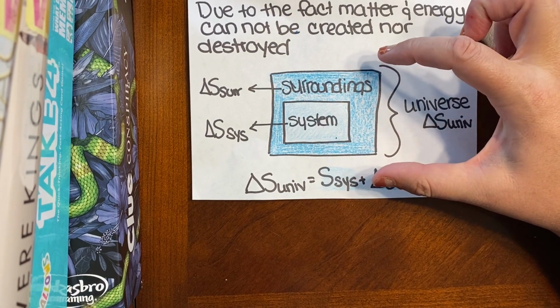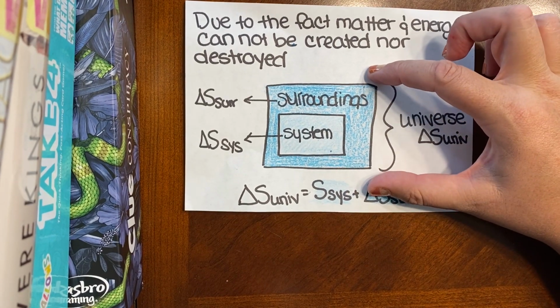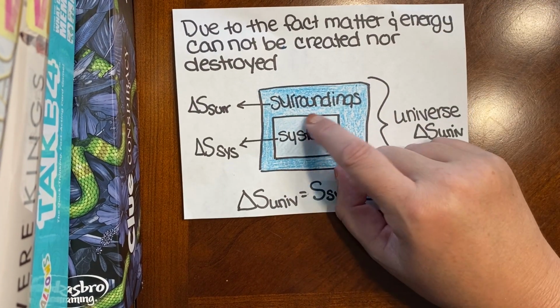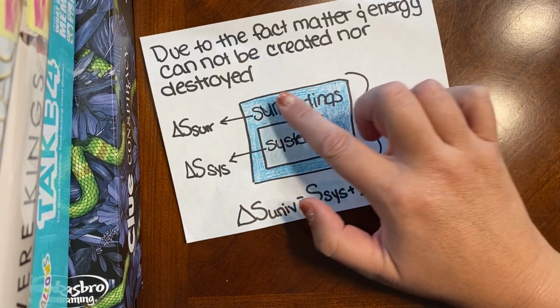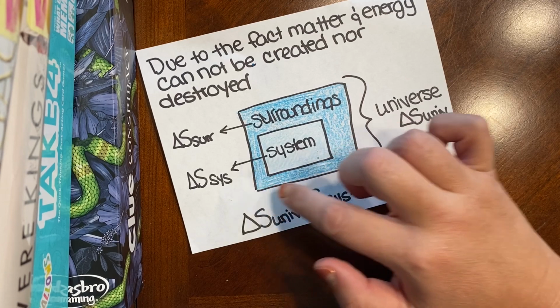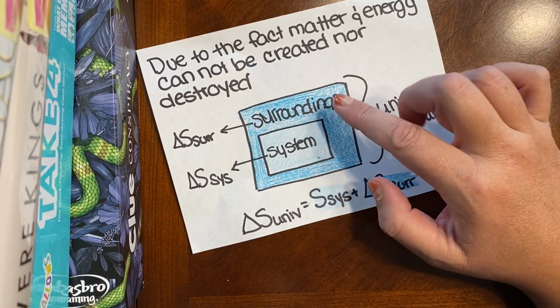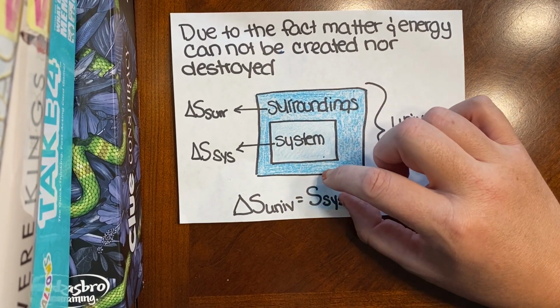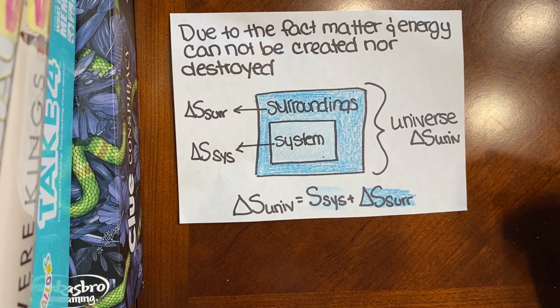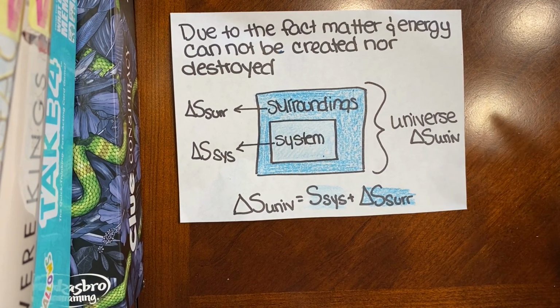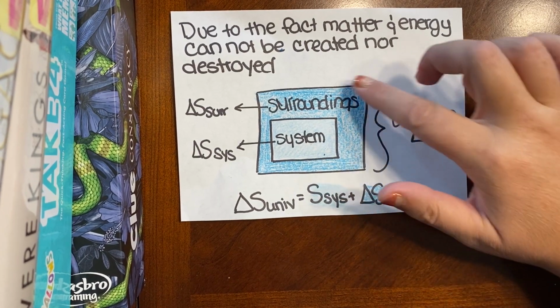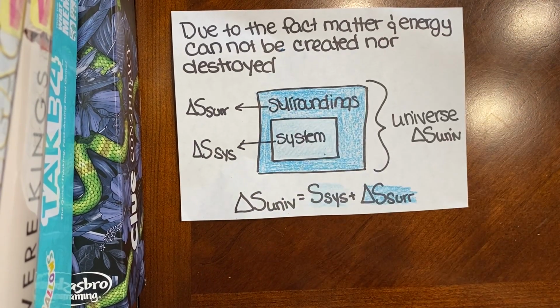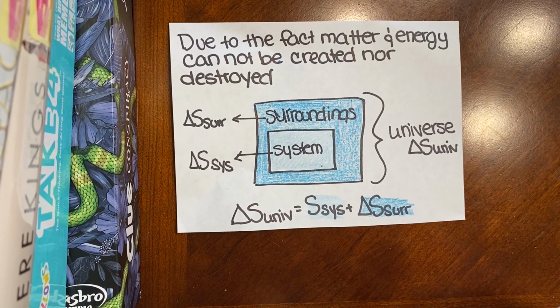So if we take the whole thing as our universe, we have our system, which is generally our reaction, and then we have all of the heat and area just around it that is going to be affected. So air molecules, we're talking about heat given off or taken in. We're talking about all sorts of stuff, but it's just right around our reaction or our system.